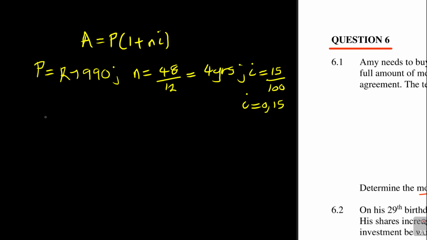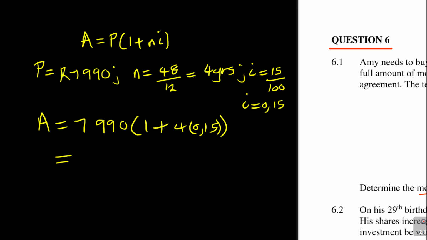Then we can write now to say A is equal to P, which is 7,990, times (1 plus N times I), which is 4 times 0.15. Like this. And then we can get the answer.